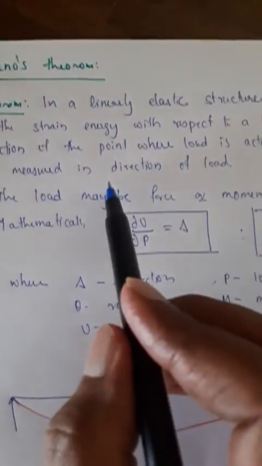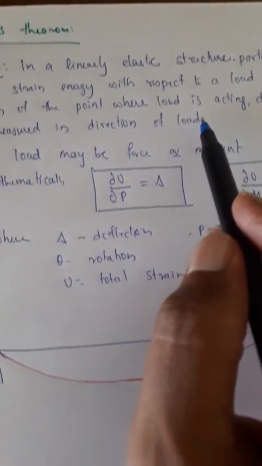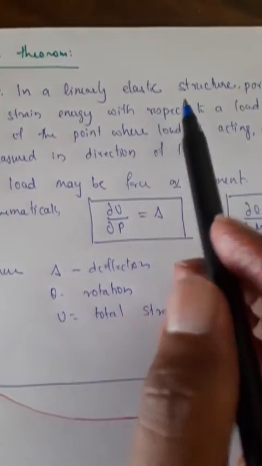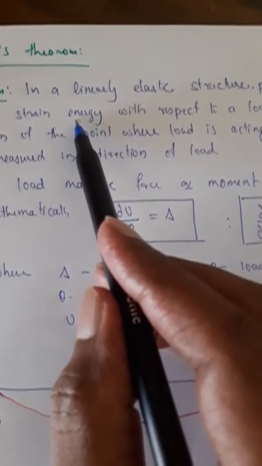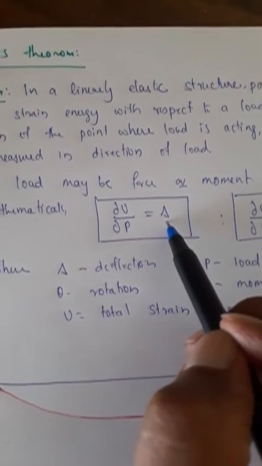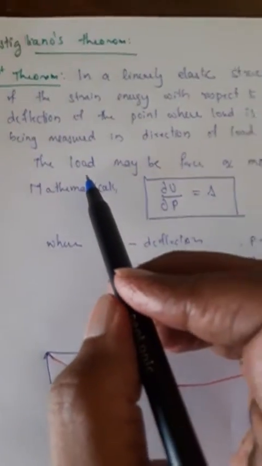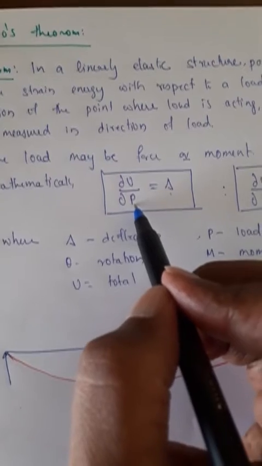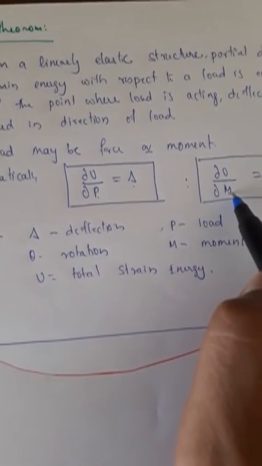Deflection is measured in the direction of the load. So the load here can be force or moment. Force is represented by P, moment is represented by M.